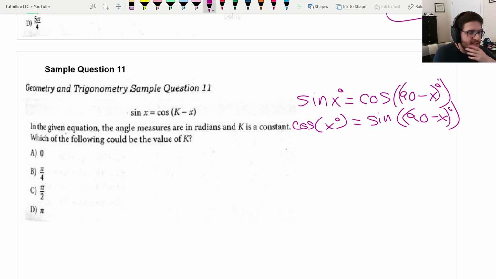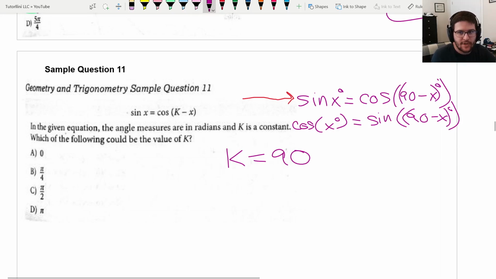And you guys see that, it's kind of testing us on the first one. So if it were in degrees, the k would be 90. It's just a concept you got to know. If sine and cosine are equal, the two angles add up to 90, and in radians, that adds up to pi over 2. Anyway, so if you knew that formula, you're kind of already in business.